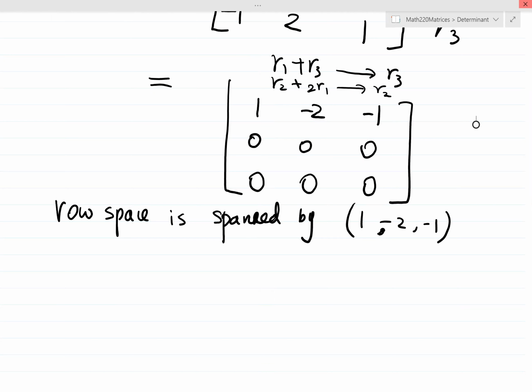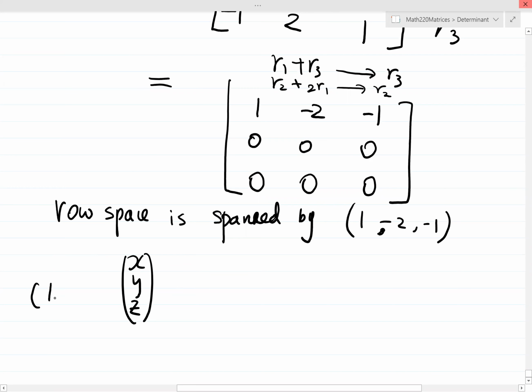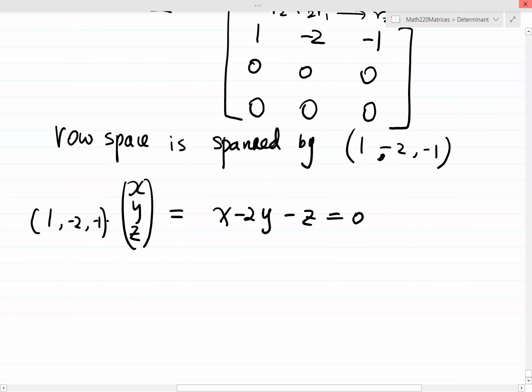It is very easy. You just solve this equation. Suppose the vector x, y, z is orthogonal to the row space. We want the dot product with 1, -2, -1 to be 0, so x minus 2y minus z is 0. There are a lot of choices. You can choose y and z as free variables, and then solve for x.